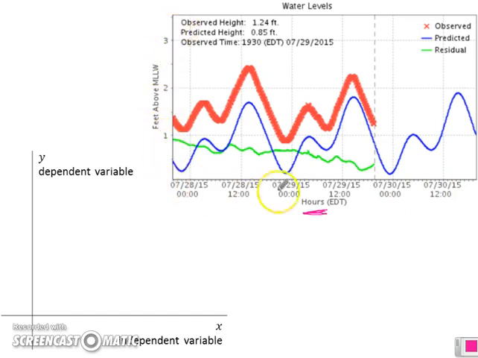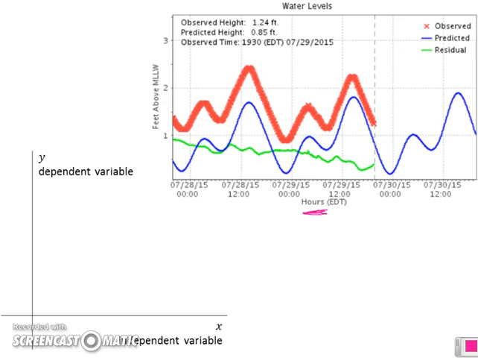So notice that the x-axis represents time. It's the independent variable, and the y-axis is a measurement of some kind. So think about in terms of the ocean tides, the height of the water will depend on what time it is, not the other way around. The water does not dictate the time. The height of the water depends on what time of day it is.